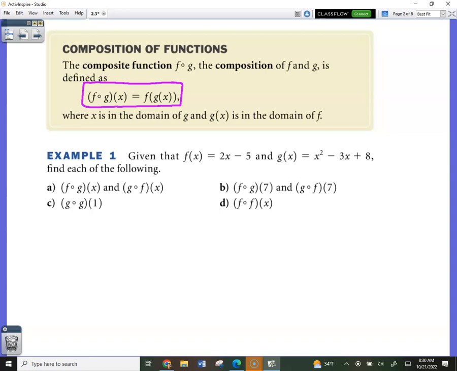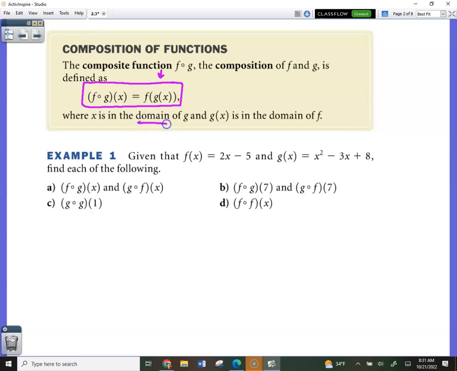You need to know both. This one to me is self-explanatory. g is on the inside. This one to me, the way I remember it, it means write the function f, then plug g in. That's the way I read that in order to know how to do it. Domain is going to come up.